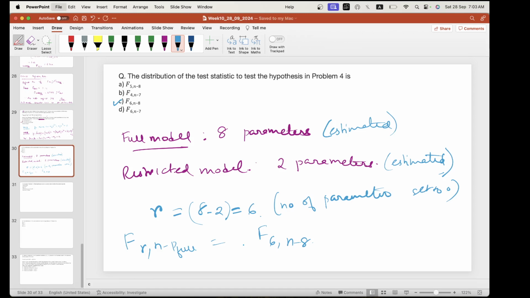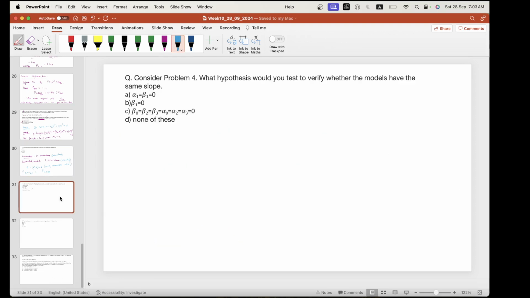Alright, so let's move on to the next one. Now, what hypothesis would you test to verify whether the models have the same slope?